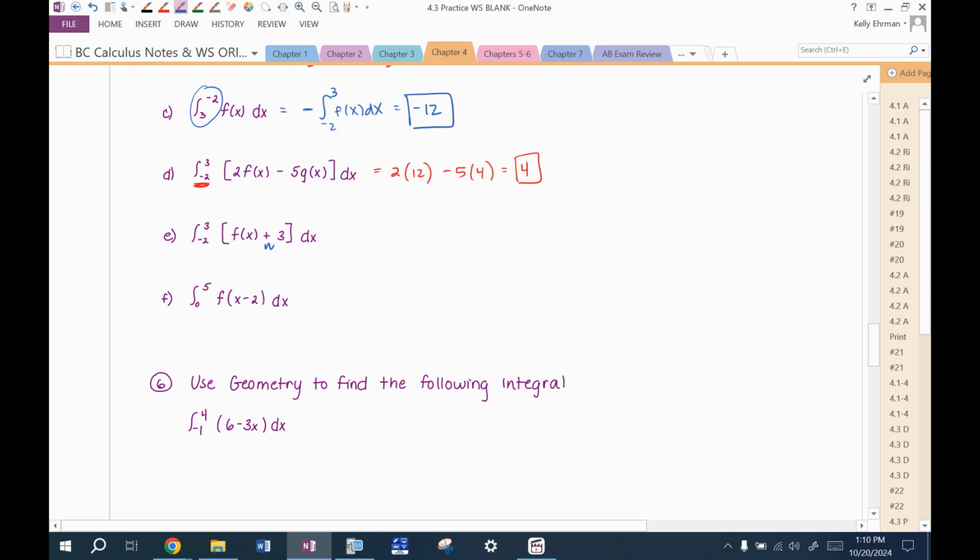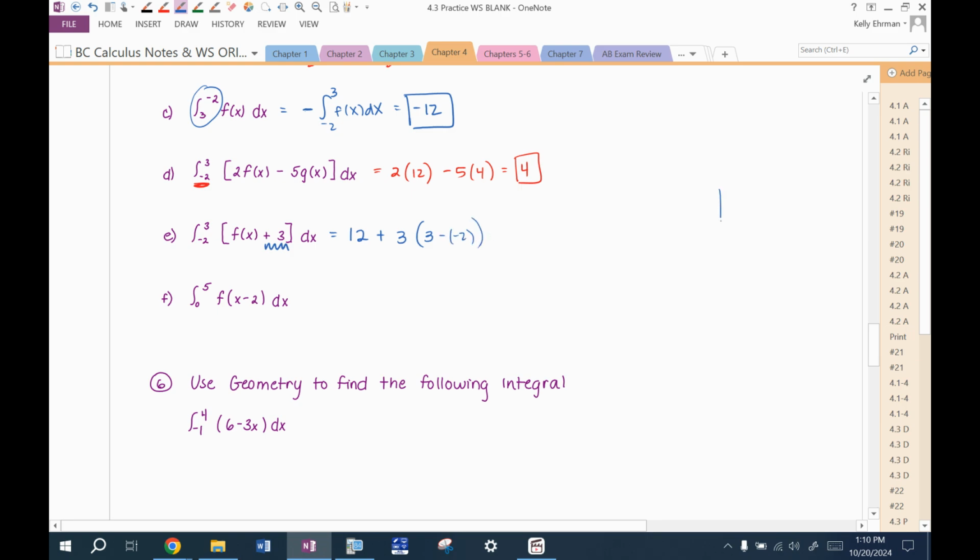Remember to be careful with this again. So, okay, the area from negative 3 to 2 of f of x was 12. And then what about this area of 3? Remember, it's going to be the height of the function times the distance between the two boundaries here. So 3 minus negative 2.